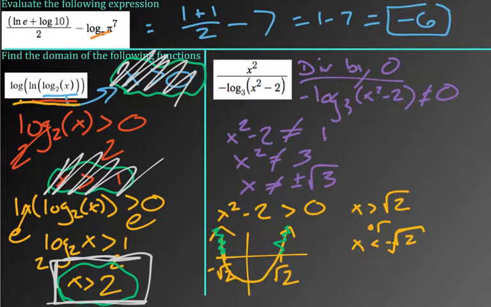So if we put these together, square root of 3 is bigger than square root of 2, and negative square root of 3 is more negative than negative square root of 2. So the final answer would basically be just literally putting those together.